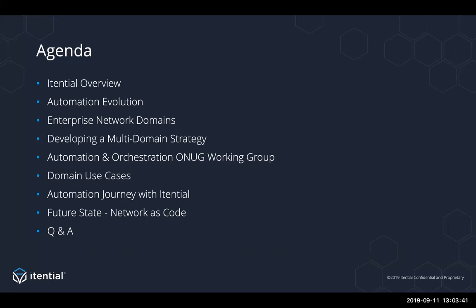And then we'll talk about different domains, and we'll talk about automating that journey with some of the Itential solutions. And then ultimately where this is going to end up is talking about some infrastructure as code concepts. So at the end, we'll wrap it up by talking about what we think the future state is.